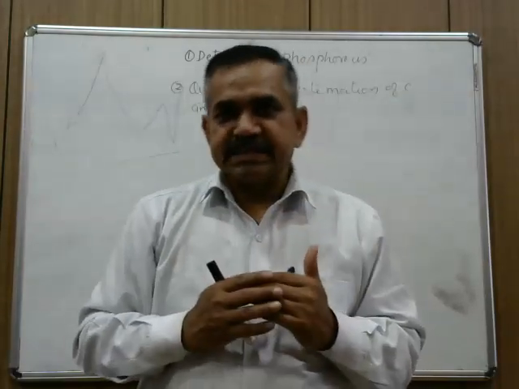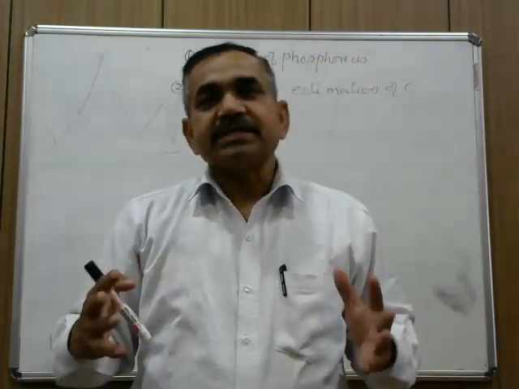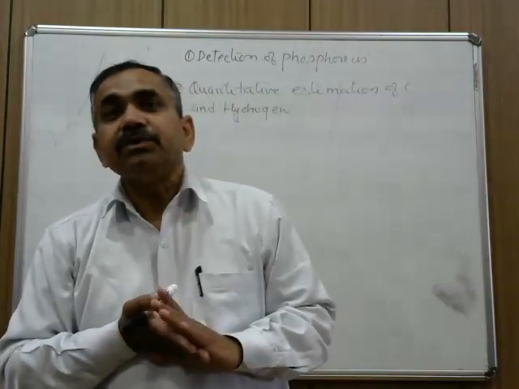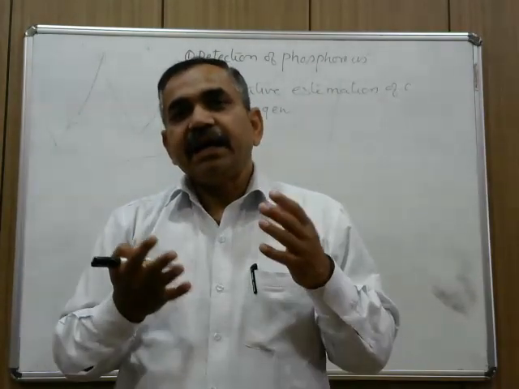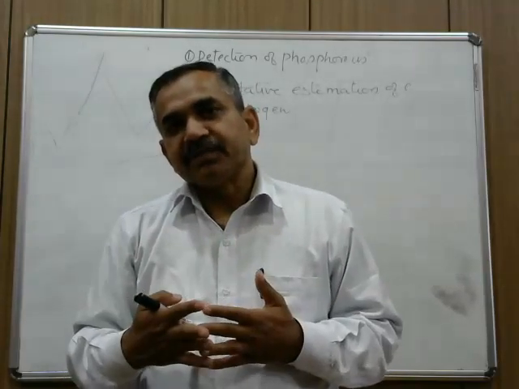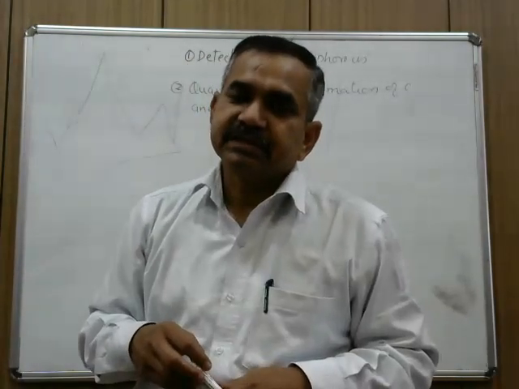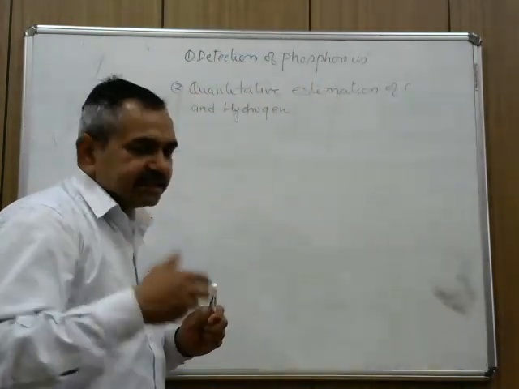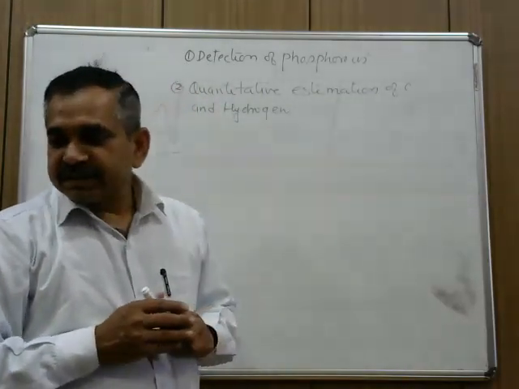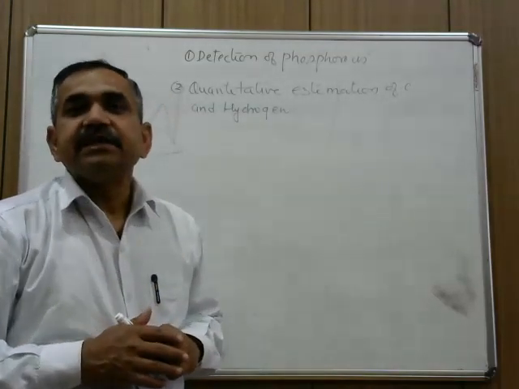And during the same process, during heating of given organic compound with copper oxide, all hydrogen which is present there is quantitatively converted to water vapors, and weight of water vapors that are formed is determined by absorbing it over anhydrous calcium chloride. From the weight of this carbon dioxide and weight of water which is formed, percentage of carbon and hydrogen is determined.